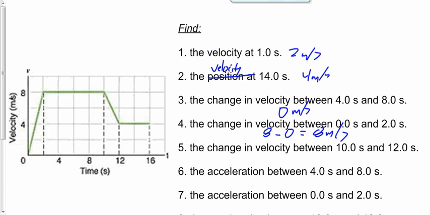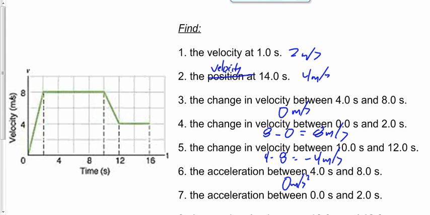So we're going to say final minus initial. The acceleration between 4 and 8. Oh, quick answer to this one too. Mary, what's the acceleration between 4 and 8 seconds? 0, good. It's a flat line, right? Which means it's traveling at a constant velocity, which means it's not accelerating.